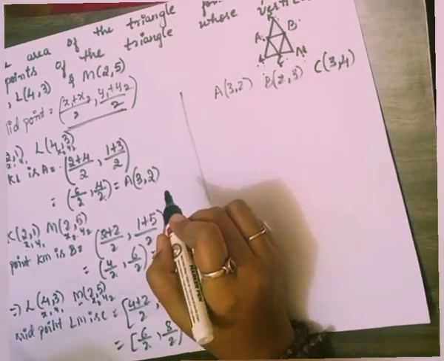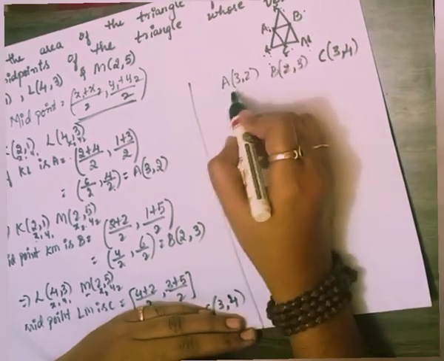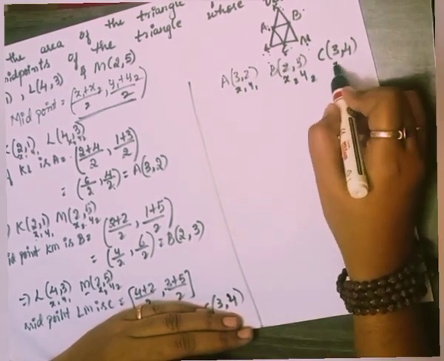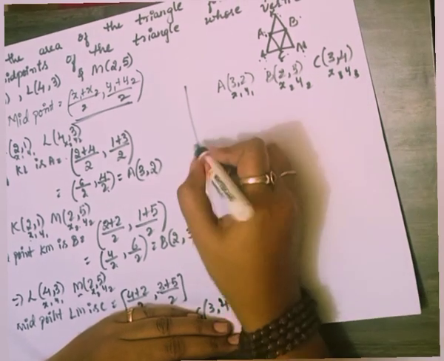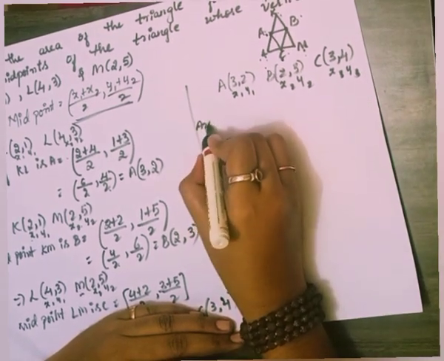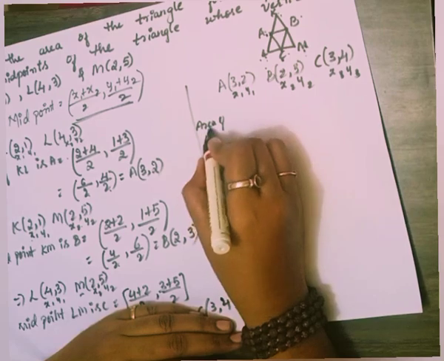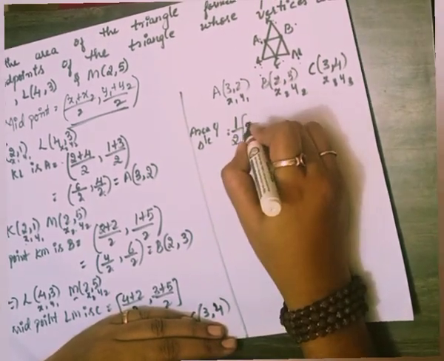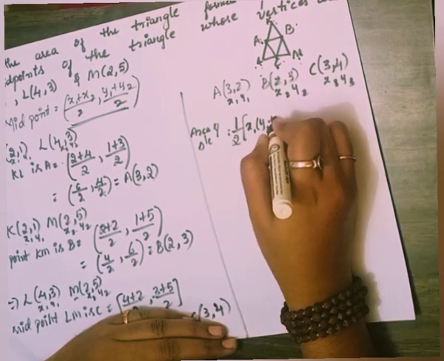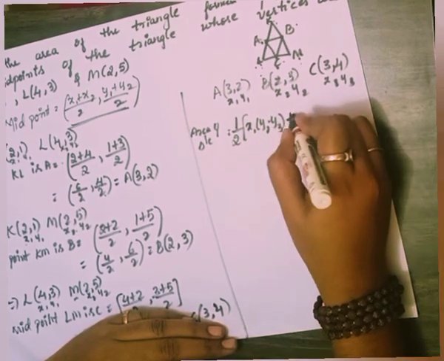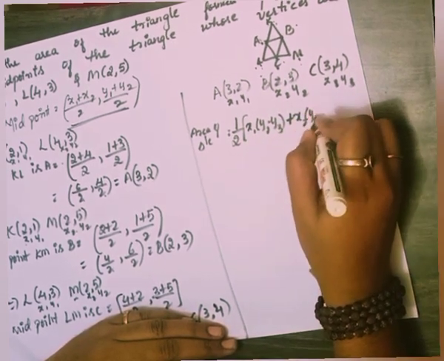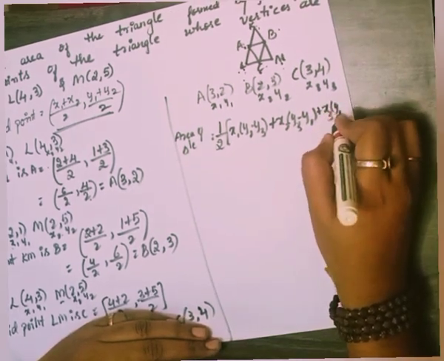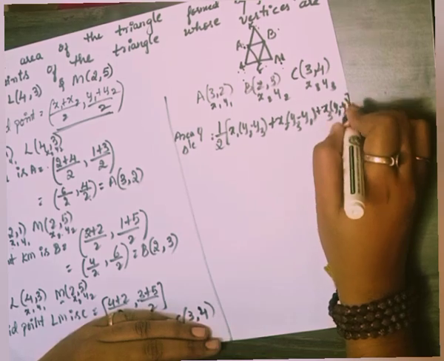Now we need to find the area of this triangle. So this is x1, y1, x2, y2, and this is x3, y3. What is the formula we have? Area of triangle is equal to half into x1 times (y2 minus y3) plus x2 times (y3 minus y1) plus x3 times (y1 minus y2).